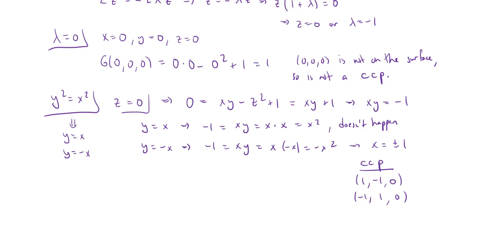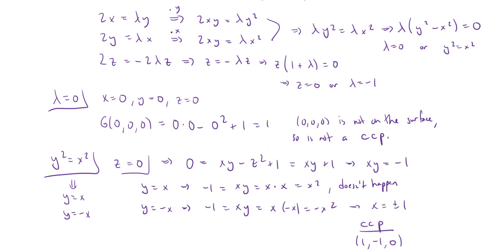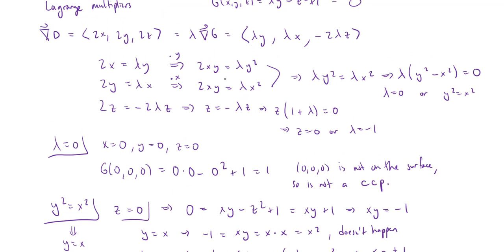All right, so the other situation was that lambda could be -1. So let's go back up, take a peek. When lambda is -1, we're going to get that 2xy is going to equal -y squared, and also -x squared.